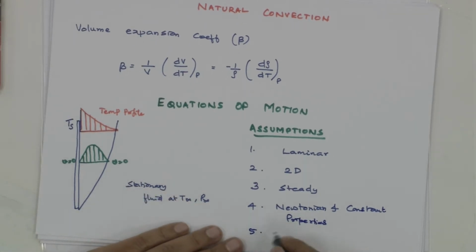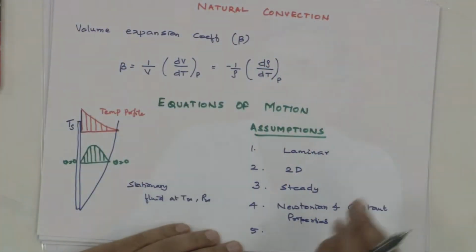This is a little difficult for the students to understand, but you should insist that I am considering the density difference only in the body force. If I don't consider that, the body force itself is not there, which means there is no natural convection. So that's why I have to consider it, although I have made the properties constant. This is where students will have doubts, they will ask questions.